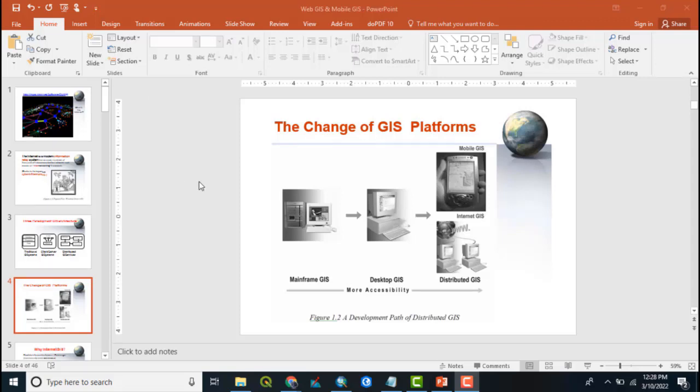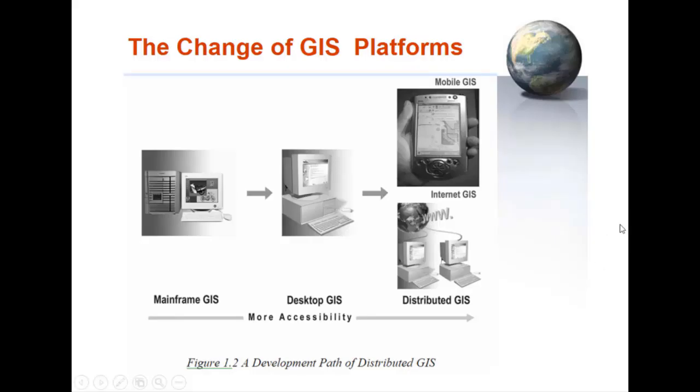So we are discussing about Web GIS. In that we are looking at now how the GIS system has evolved, and as we have seen, Web GIS is an advanced thing in GIS, the latest advancement.